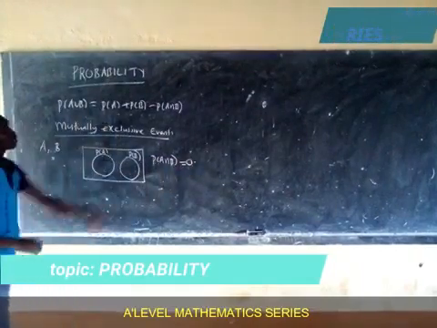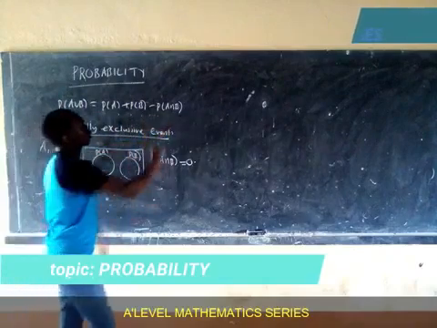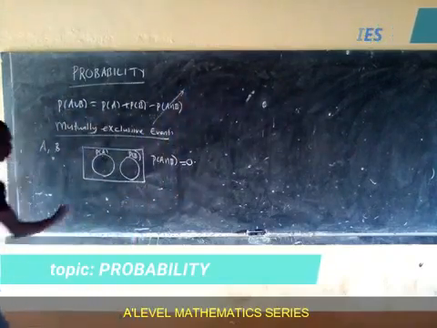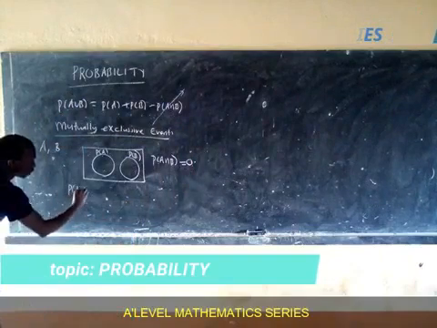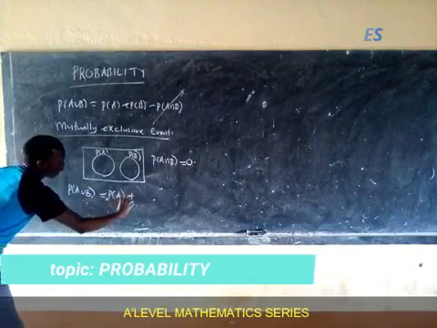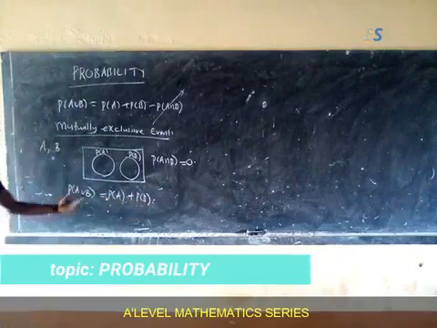That implies because it is 0, when I come back here, this part will vanish away. Therefore, for these two events, the probability of A union B becomes the probability of A plus the probability of B, then minus 0, which remains the way it is.